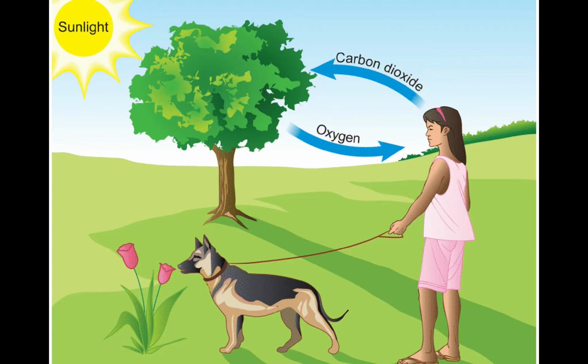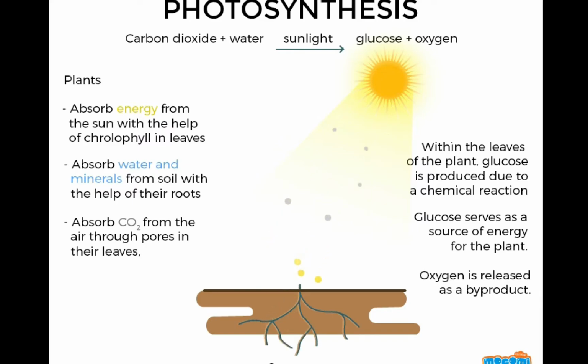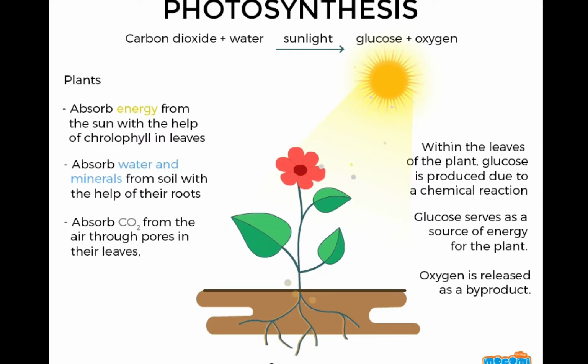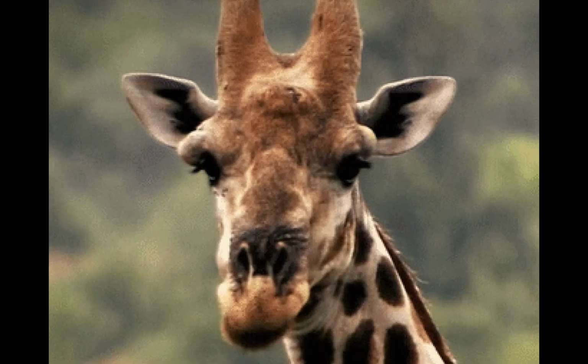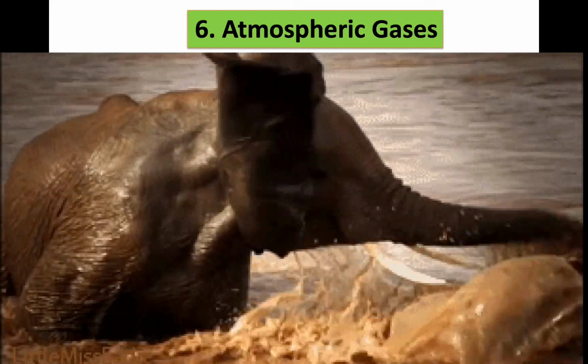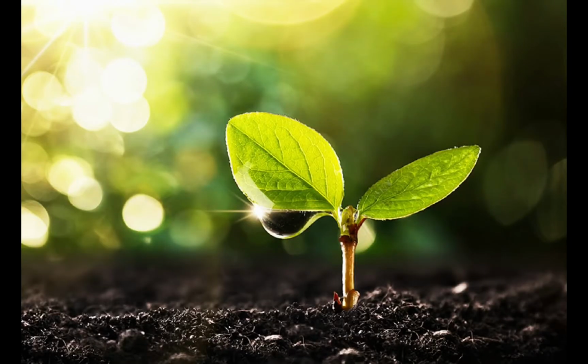Then what needs carbon dioxide from our environment? Very good. Carbon dioxide is needed by our green plants when they are busy photosynthesizing. And all land organisms, all the terrestrial organisms, take oxygen directly from the atmosphere.